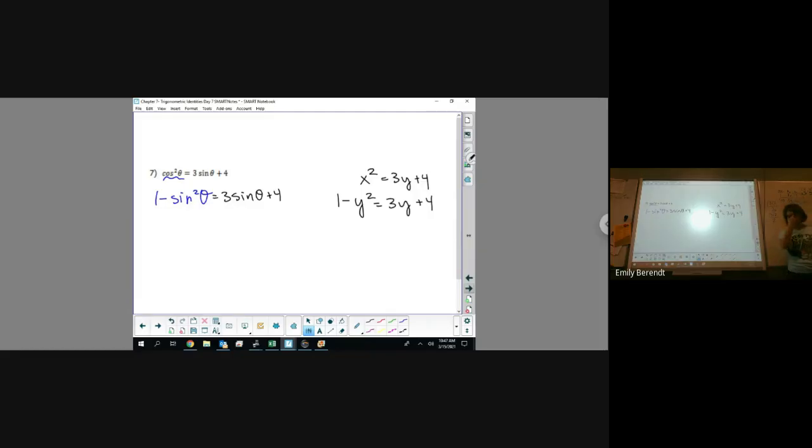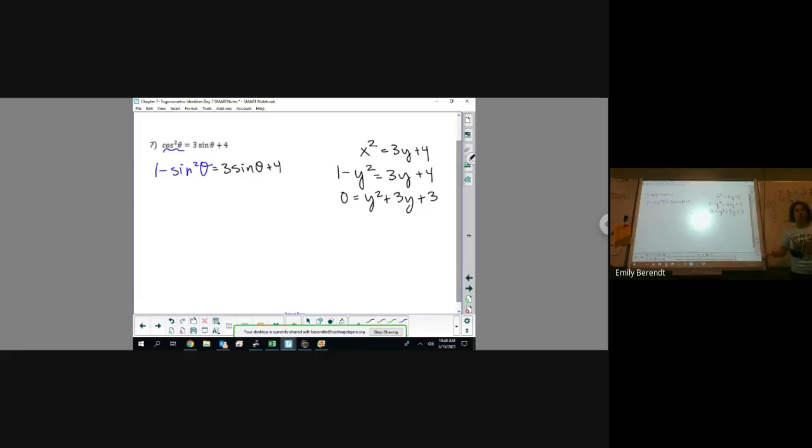Which term do we like to be positive when we're factoring? The square. So we don't want to subtract 3y and subtract 4. We want to add y squared over and then subtract the 1. So we'll have 0 on the left equals y squared plus 3y. Make sure you subtract the 1 to get a 3. So now this is potentially factorable. If it were to factor, you would do y and y, right?